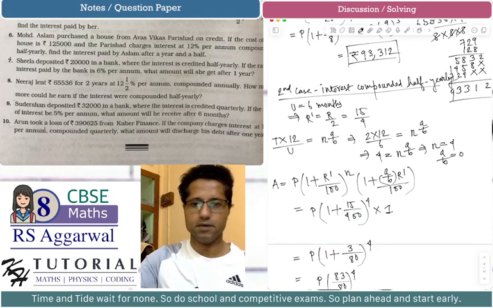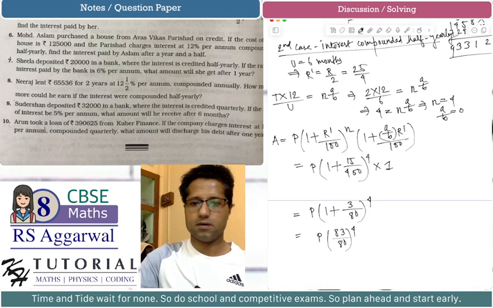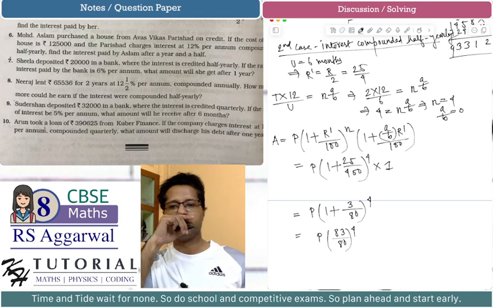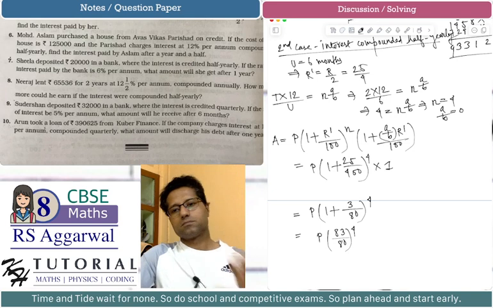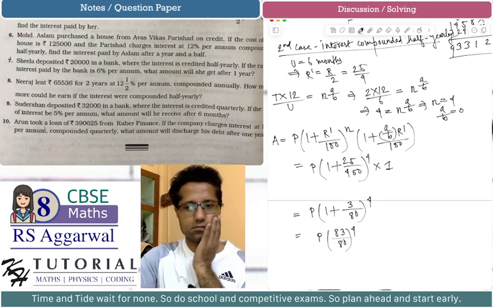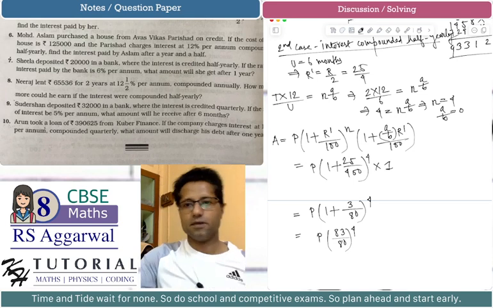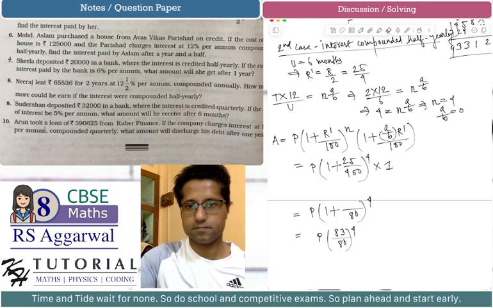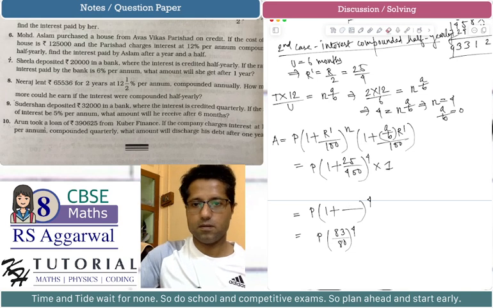Now R dash will be R by 2, which will be 25 by 4. So this is 25 by 4, which gives 1 by 16.